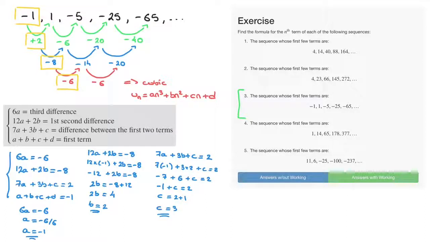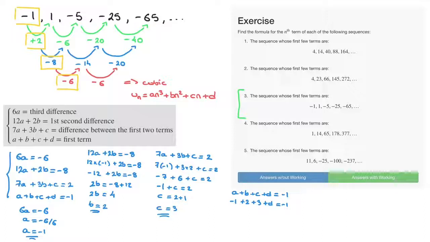And now that we have c, we move on to the fourth and final equation, which was a plus b plus c plus d equals negative 1. And because we know the values of a, b, and c, this becomes negative 1 plus 2 plus 3 plus d equals negative 1.